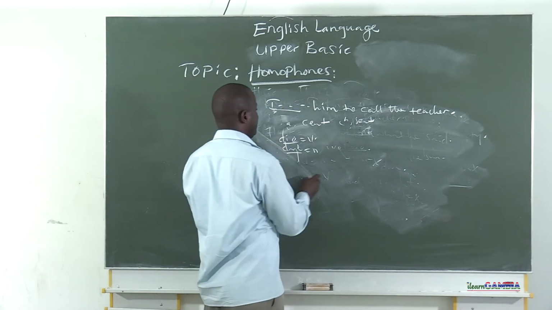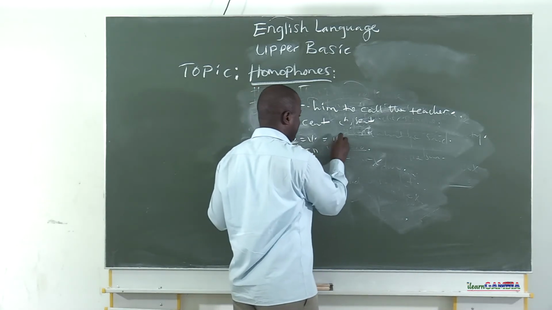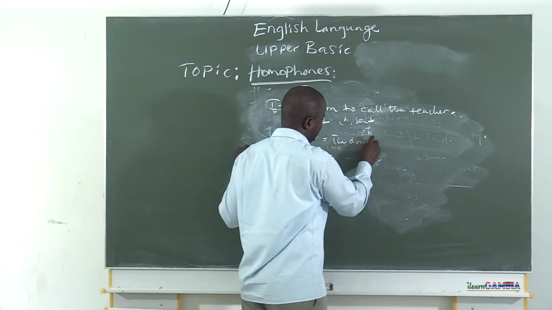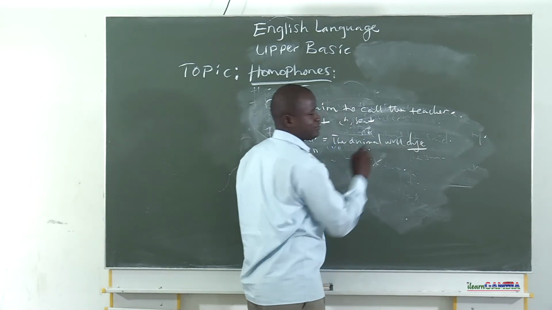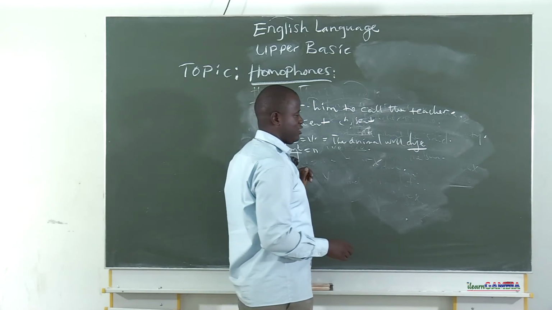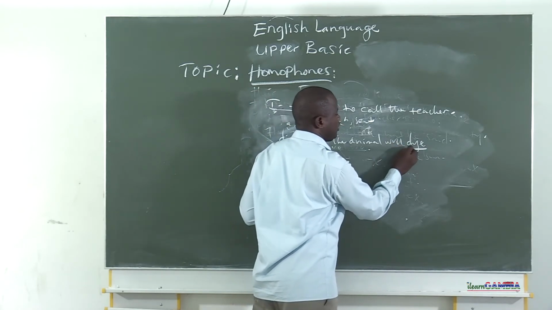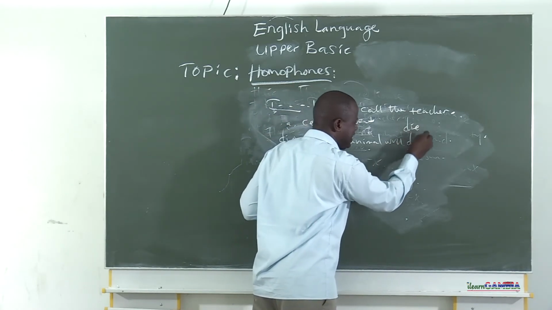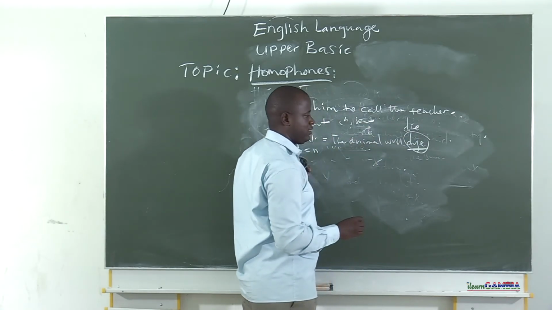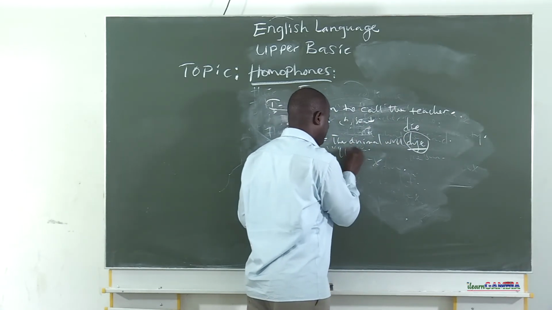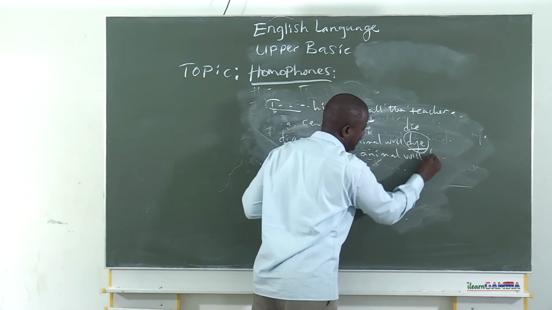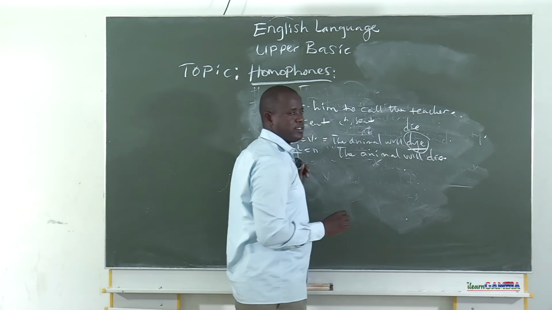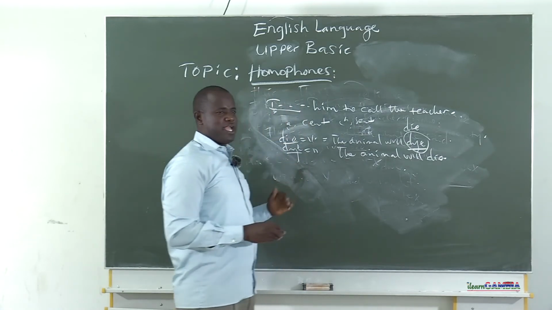You cannot write it like this: the animal will dye. You cannot use this one. We expect you to use the IE instead. Therefore, you say the animal will die. That's good. So we move on to the next one.